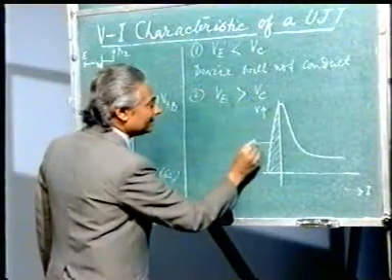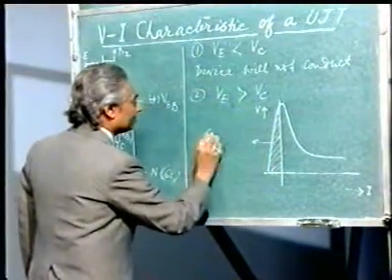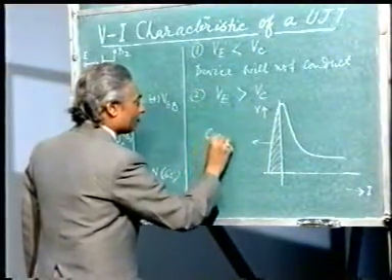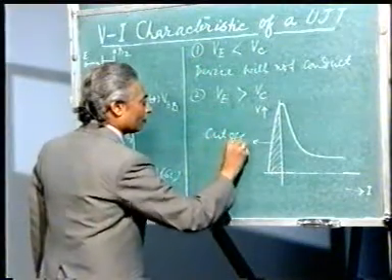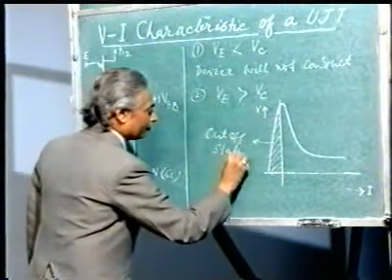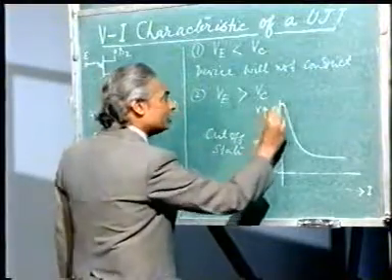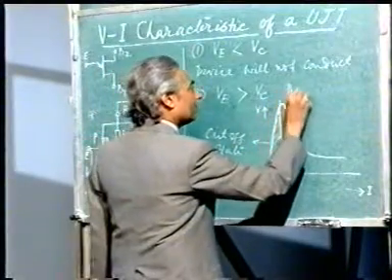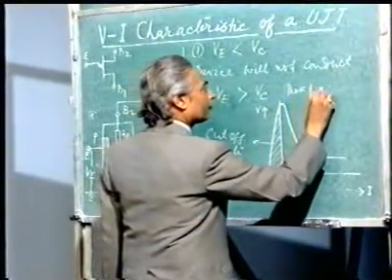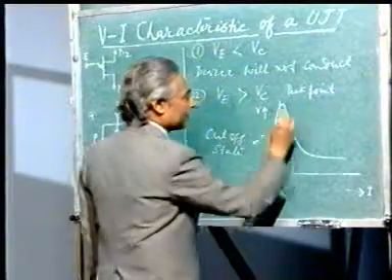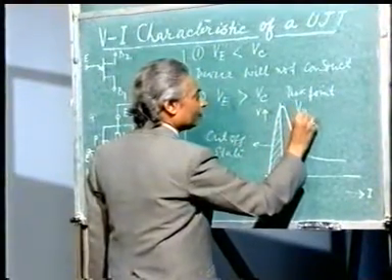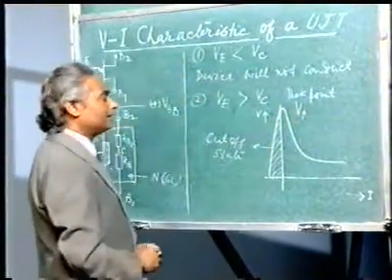We call it saturated, this is known as cutoff state, where there is no conduction of the device. Now at this point, which is known as peak point, the corresponding voltage is Vp, which is peak point voltage.